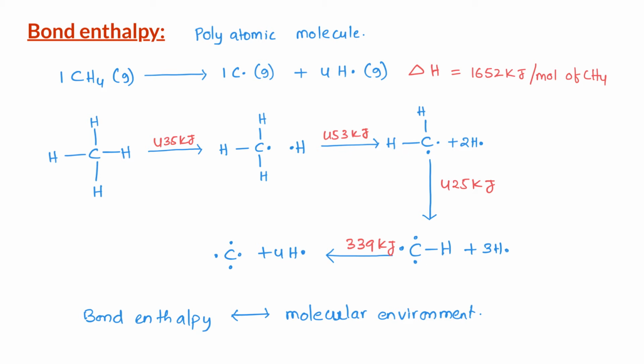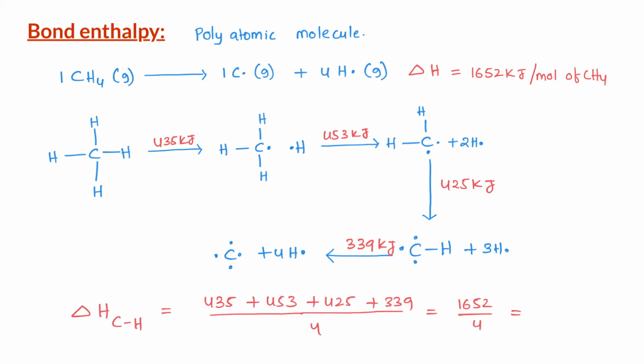Because of this, we use the average of these 4 bond dissociation energies to represent the bond dissociation energy of a carbon-hydrogen bond. Therefore, the average bond dissociation energy of the carbon-hydrogen bond is equal to 1652 divided by 4, which comes out to be 413 kilojoules per mole of C-H bonds.